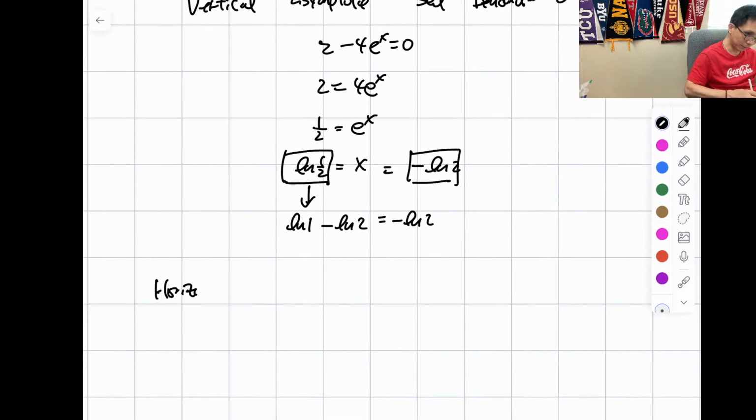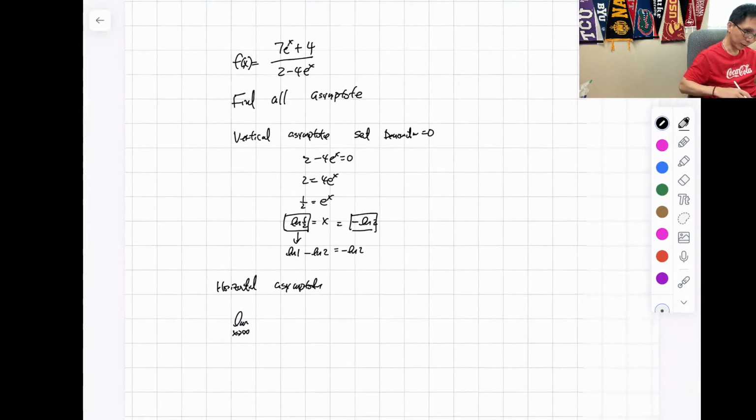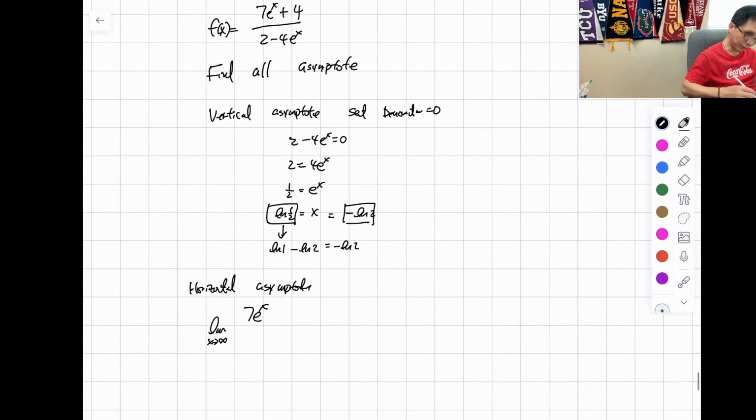A horizontal asymptote is the limit as x approaches infinity of (7e^x + 4) over (2 - 4e^x).